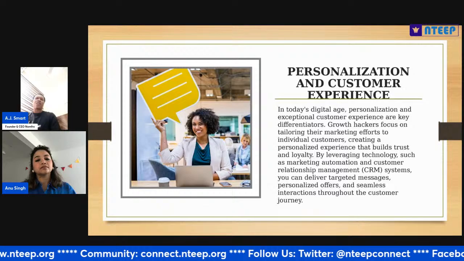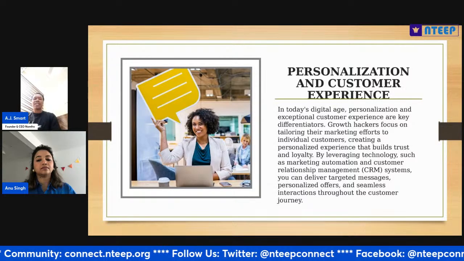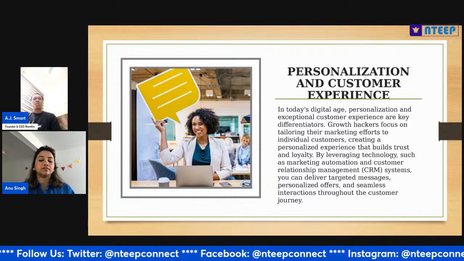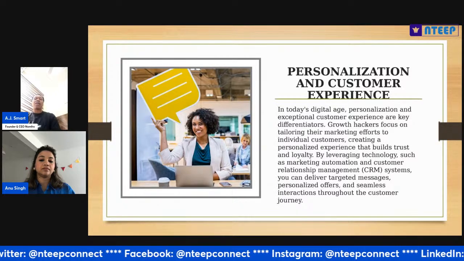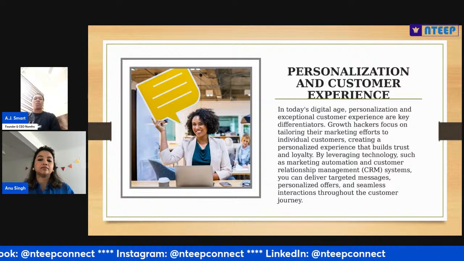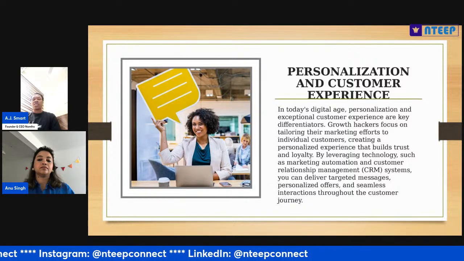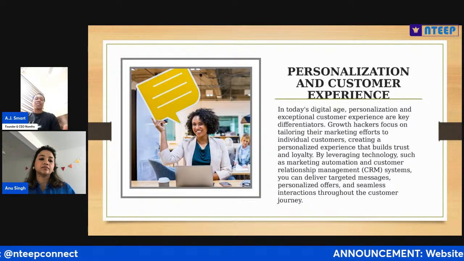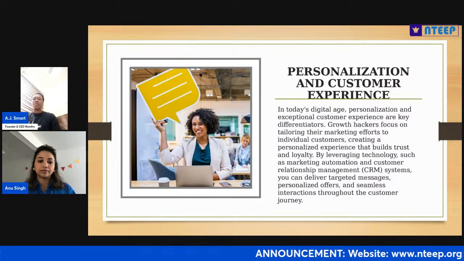Let's say I'm making a post, for example, personalizing your post, or if it's a product you are selling, making the experience personal to your customer or target audience increases your chances of sales. Very, very important. So personalization and customer experience is key when it comes to business growth.